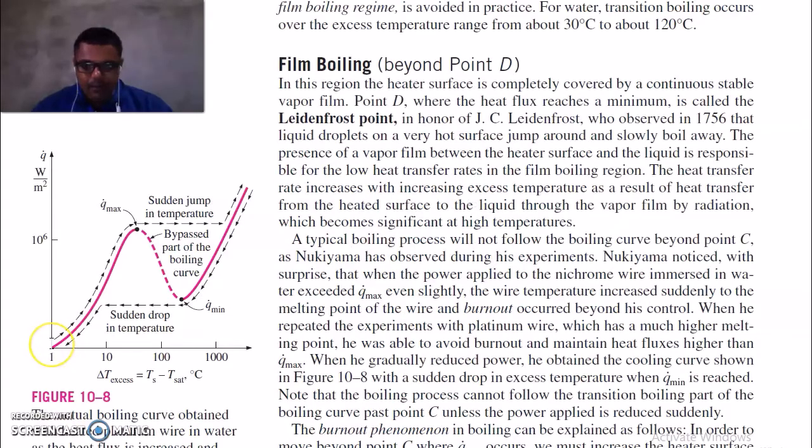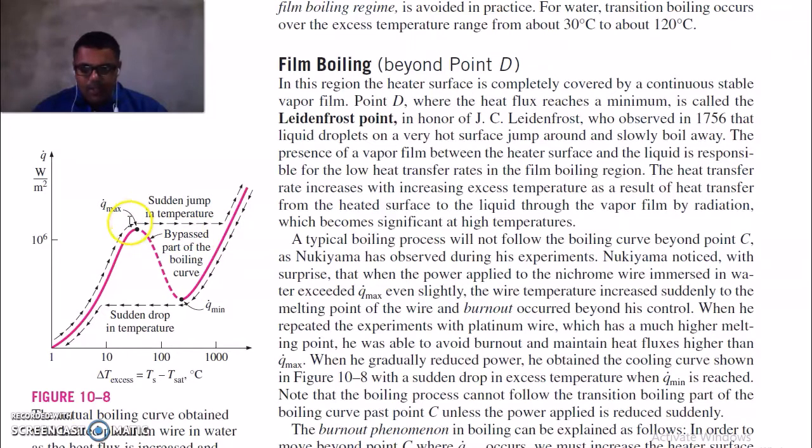If a typical boiling process does not follow the boiling curve beyond point C as observed in the experiment, you can see that in the actual case there is a sudden jump in temperature.